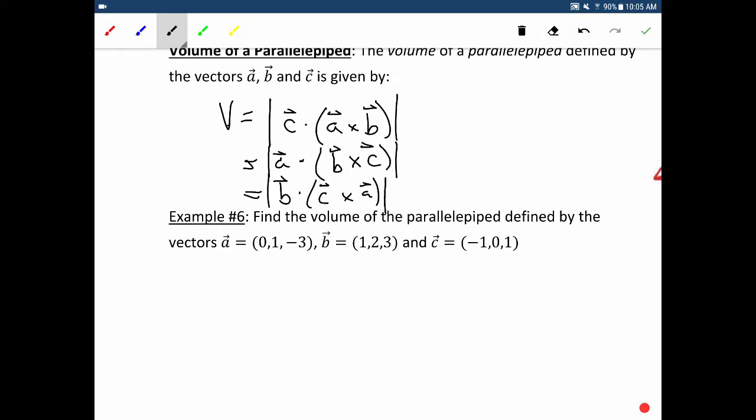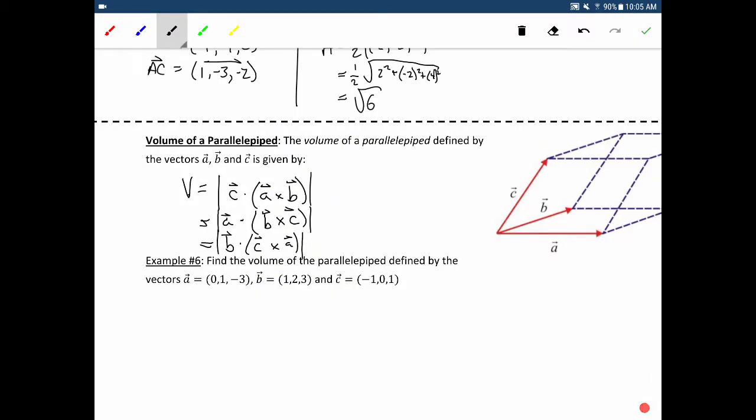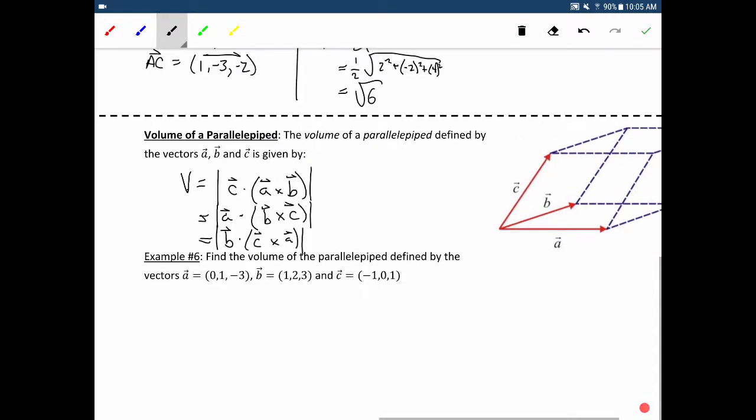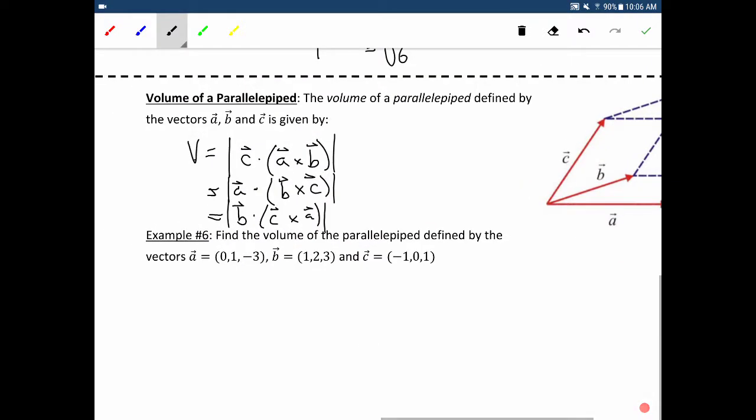Let's see. Yeah, so let's try it. We're going to find the volume of this one here. First, I'm going to write it off to the side, because I'm going to have to do a cross product before I can actually use this formula.